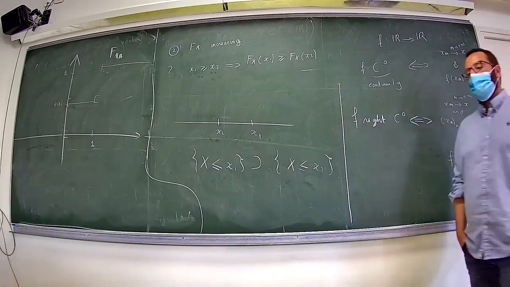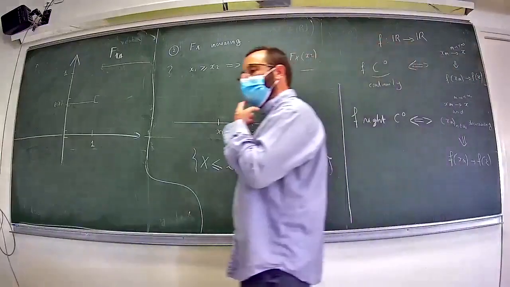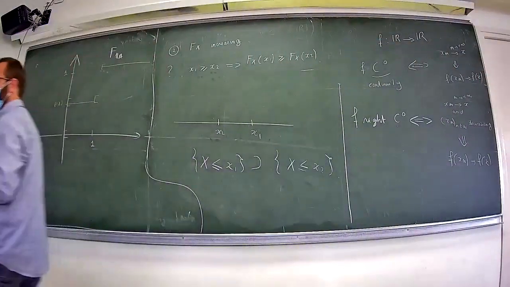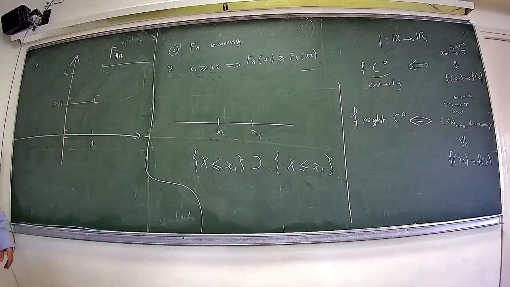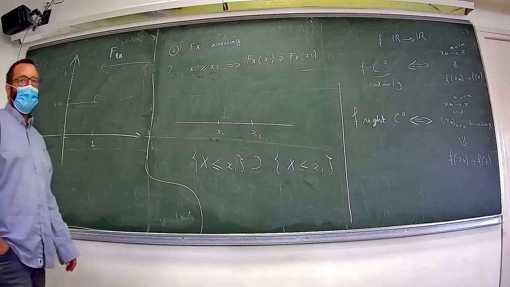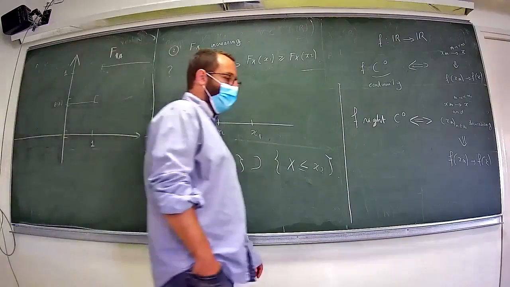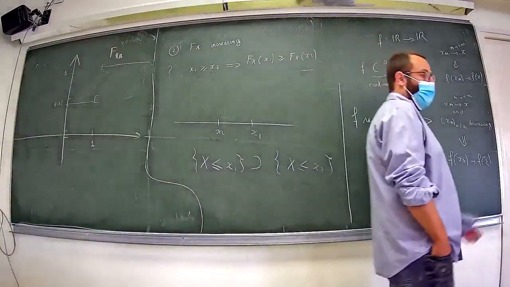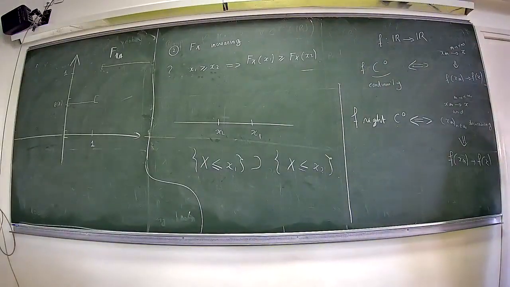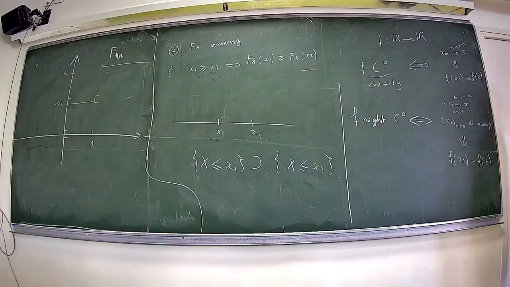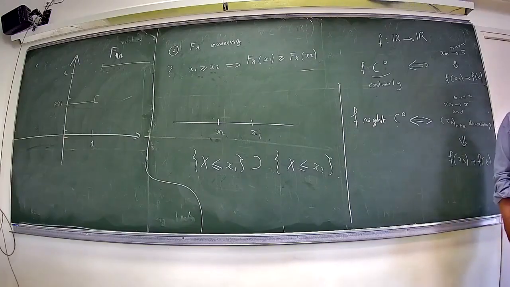So I don't enter into too much detail for this one because I will come back to these points in the next session when we are going to work with discrete random variables. But the last point tells you that if you want to characterize the distribution of a random variable, and we want to do computations related to it, knowing exactly its distribution or knowing its distribution function is totally equivalent.